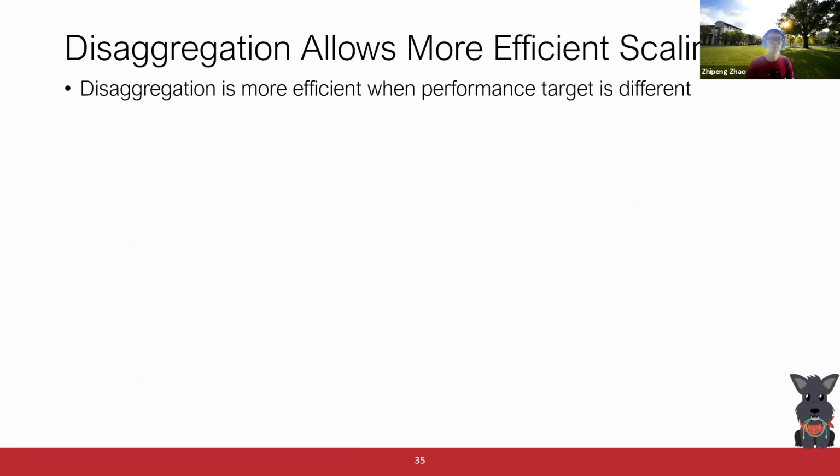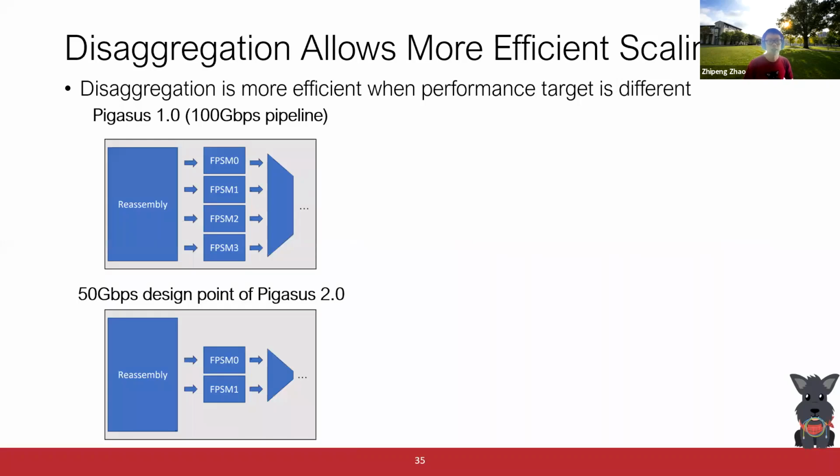The second example is, what if the performance target is different? Here I'm showing you that if users want to use Pigasus for a 50 gigabit per second environment, today the user has to use Pigasus 1.0, the 100 gigabit per second pipeline.